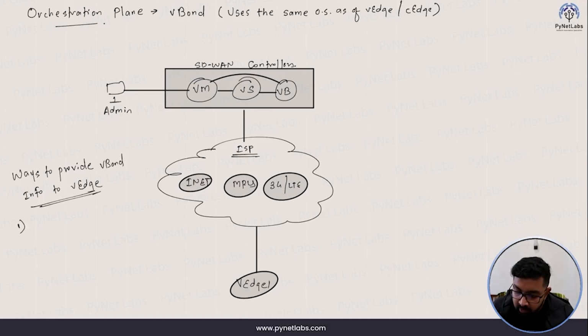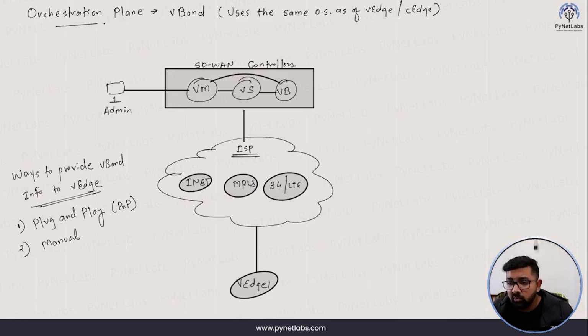Number one, you can do that by using the plug and play method, that is also called PNP. And the second method which we are discussing is the manual method.